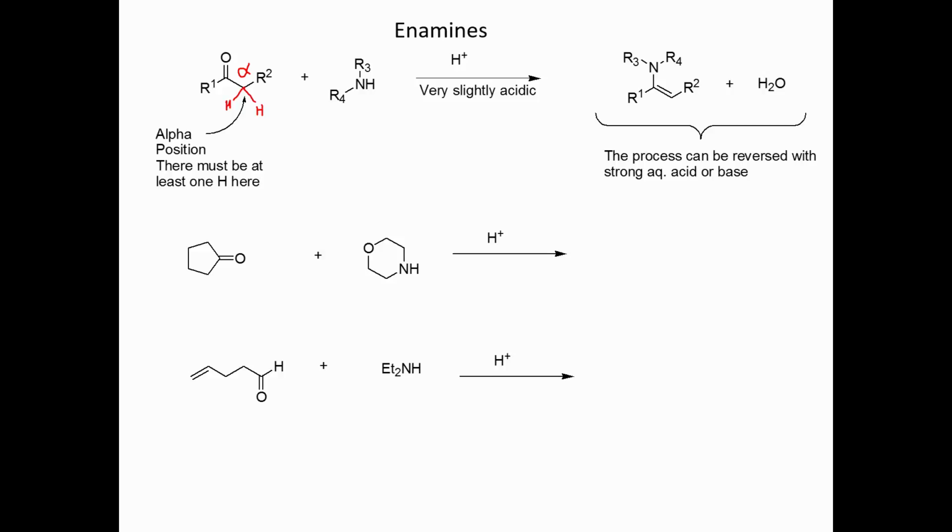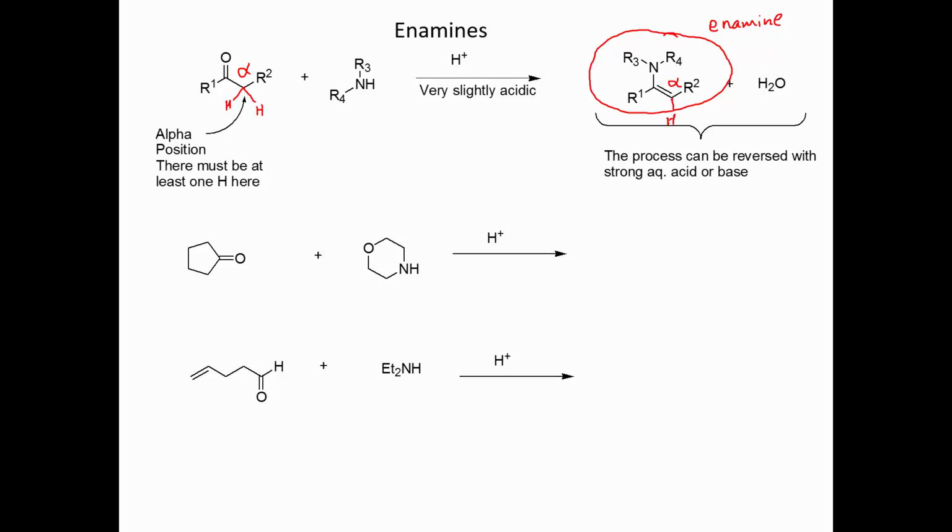All right, so under the same conditions as imine formation, when you have a secondary amine, you make not the imine, but you make the enamine. Okay, so we now have a double bond. Okay, there's the alpha position.